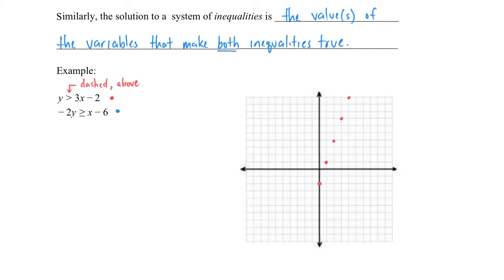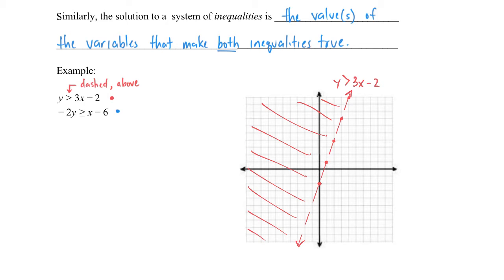And now I'm going to draw in this dashed line. Okay. So I'm going to put arrows on that. I'm going to label it just like we did with systems of equations because I'm going to have more than one inequality on this graph. And I'm going to shade above it, which is this side right here. Okay, so that one's finished.